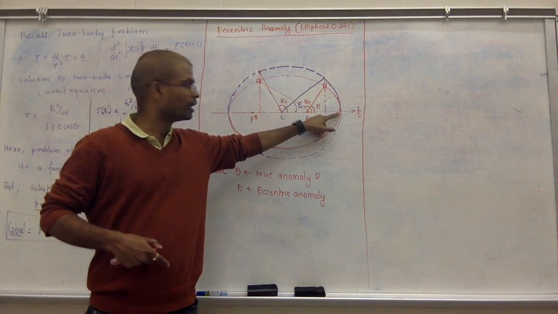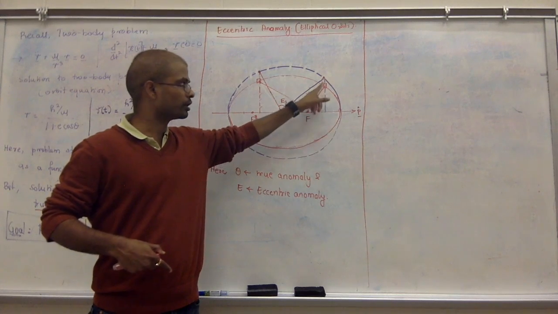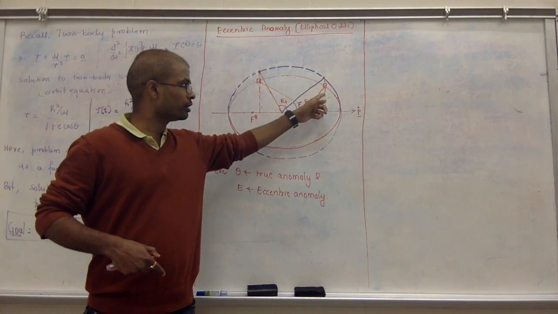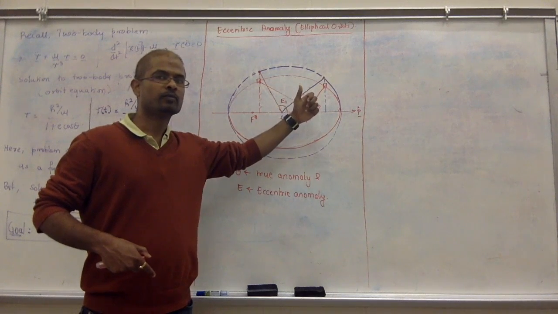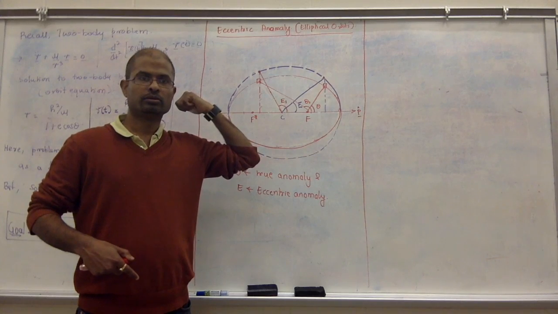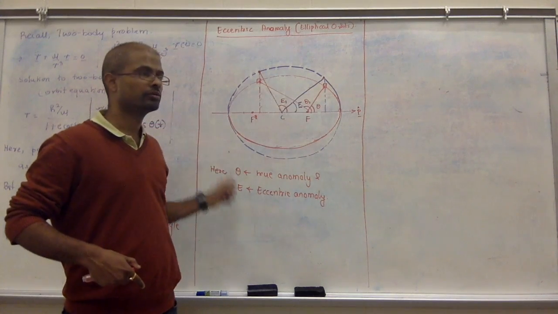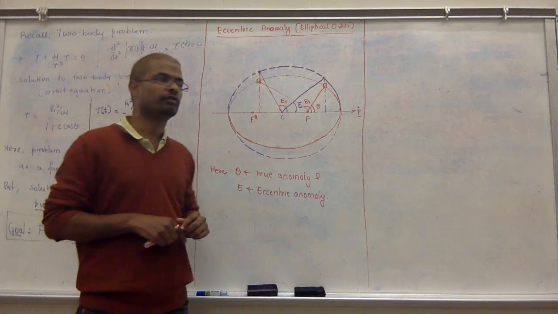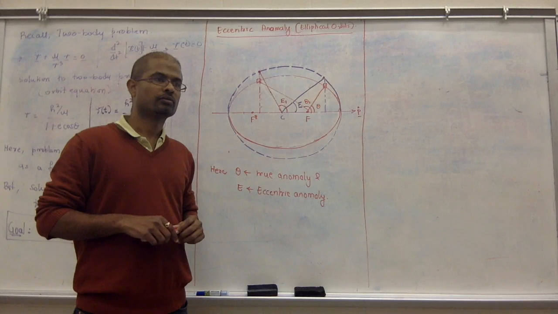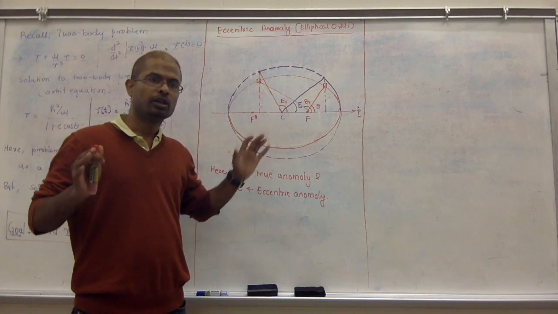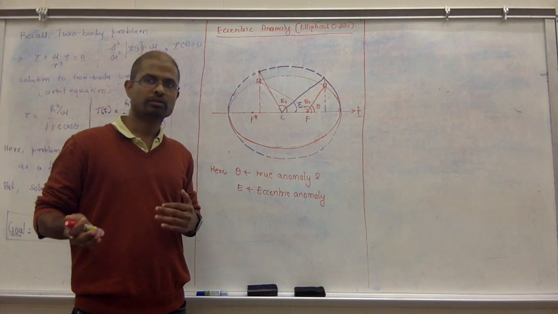Then you figure out after a certain time how much theta has changed, and with respect to that theta, what is the position of the orbiting body? Theta is continuously changing as a function of time, but you don't know how r is changing directly as a function of time. And that's what we are trying to get here: an expression where we can directly correlate r with respect to time.